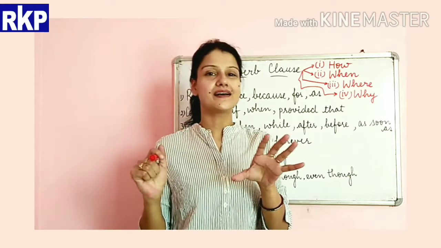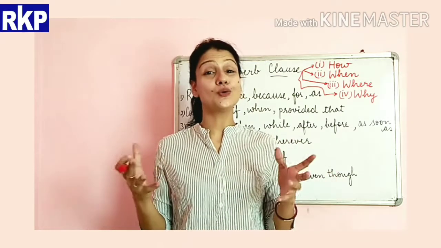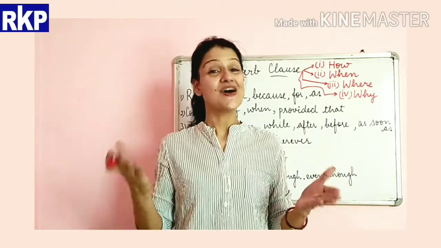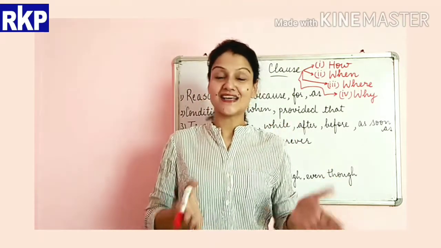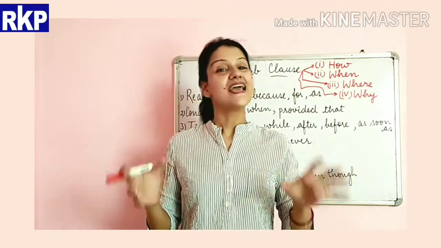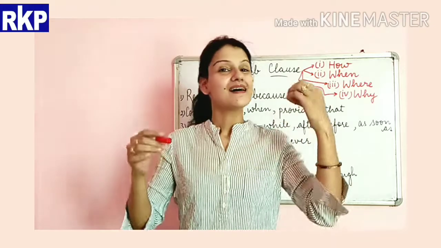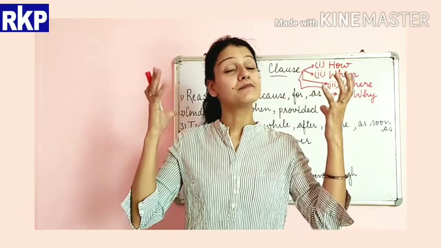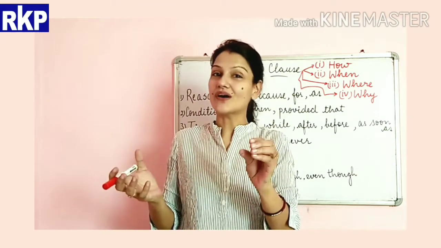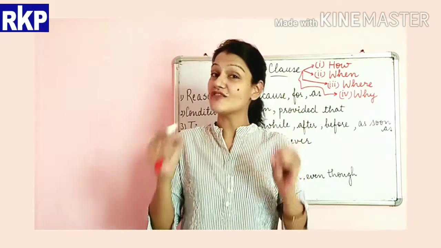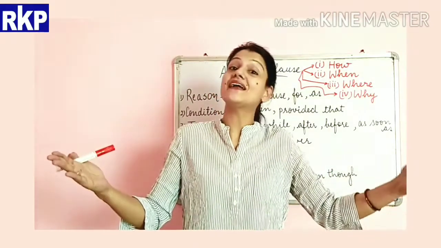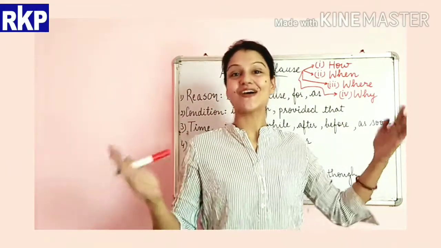Fanboys, the coordinating conjunctions, always join two main clauses, two independent clauses. On the other hand, subordinating conjunctions always join a dependent clause with the main clause, that is, the subordinate clause.